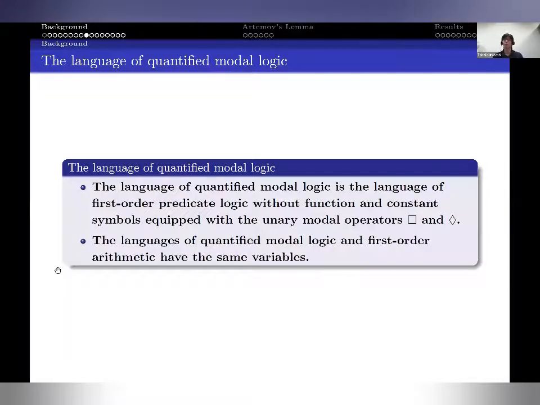Then I'm going to extend the framework from propositional logic to a quantified modal logic.